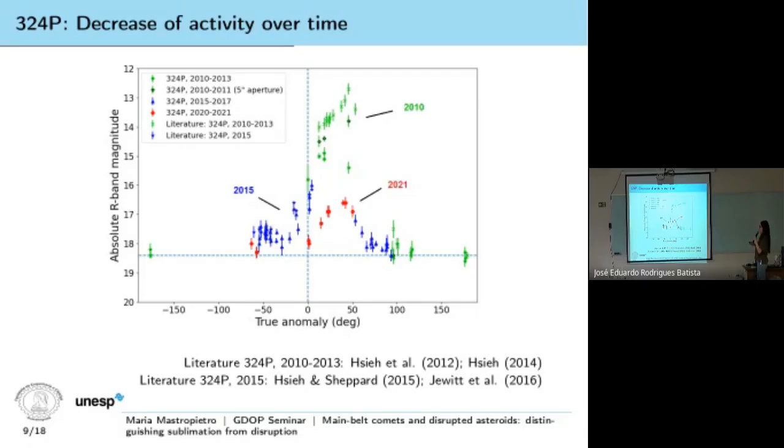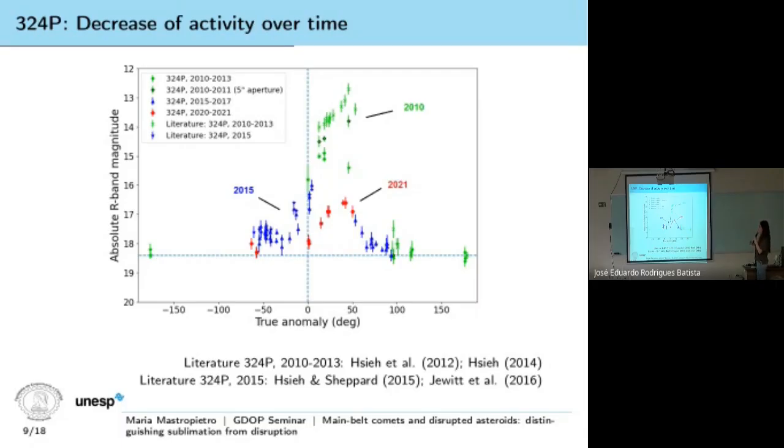We can also see a particular feature that is very common for main belt comets. The activity doesn't occur exactly at perihelion, but after perihelion, and this is due to the time needed for the thermal wave to penetrate the surface and reach the subsurface ice.